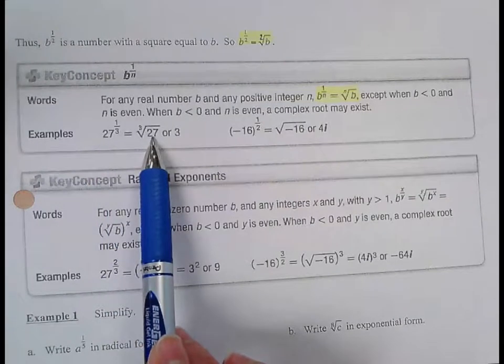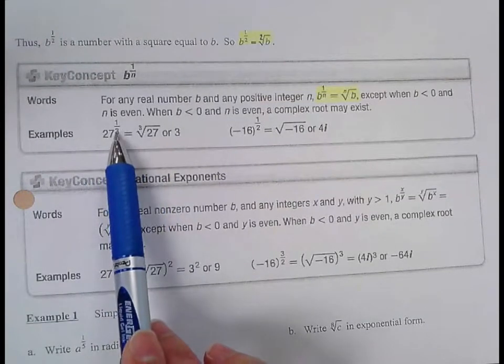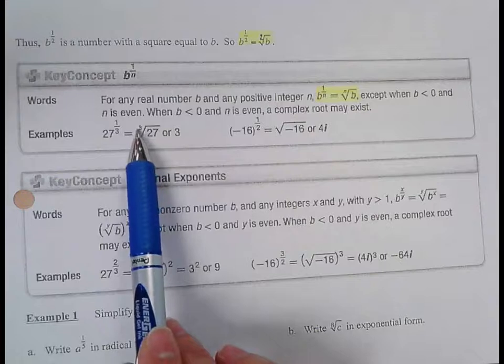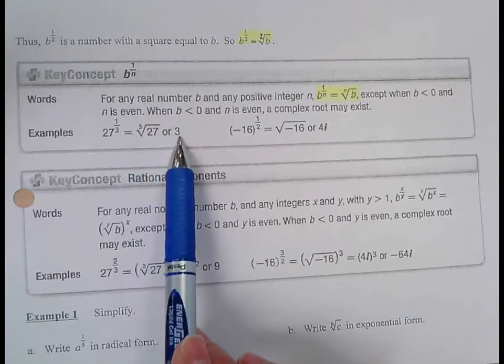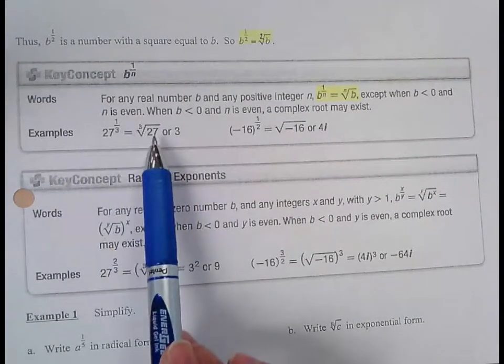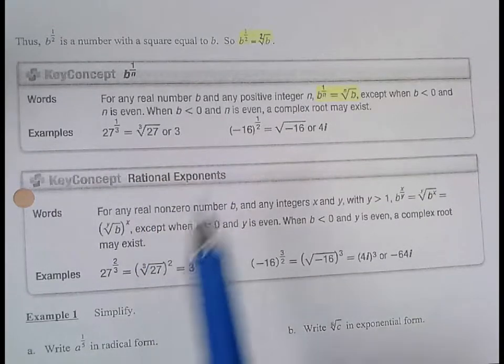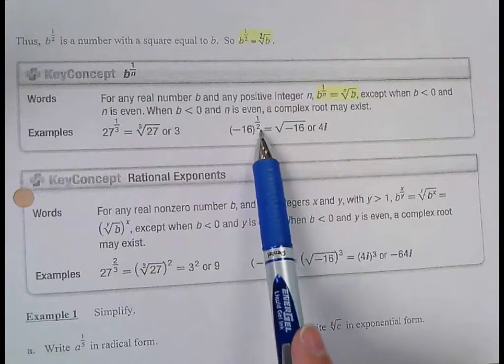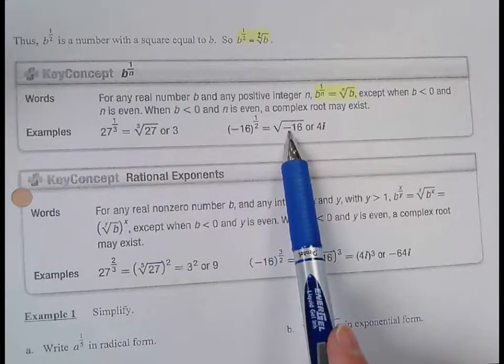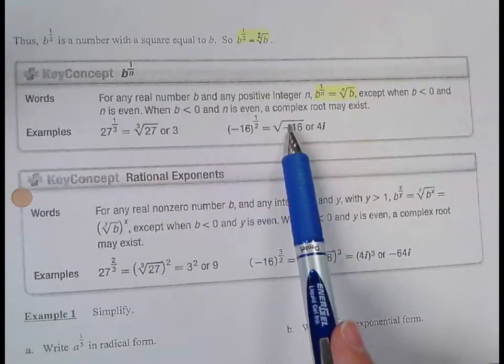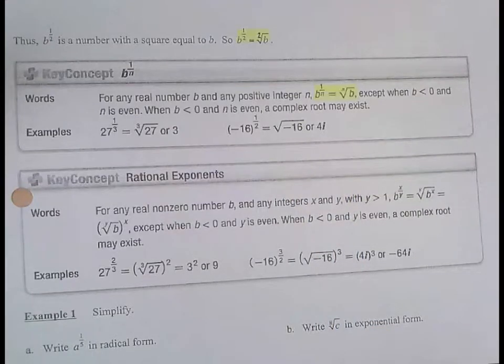That would be the cube root of 27. So that denominator in the fraction is the index of the radical. We know the cube root of 27 is then 3. So it's rewriting it as a radical because we've been working on evaluating and simplifying radicals. And then they have negative 16 to the 1/2 would be the square root of negative 16. And we know that's imaginary, so that's 4i.